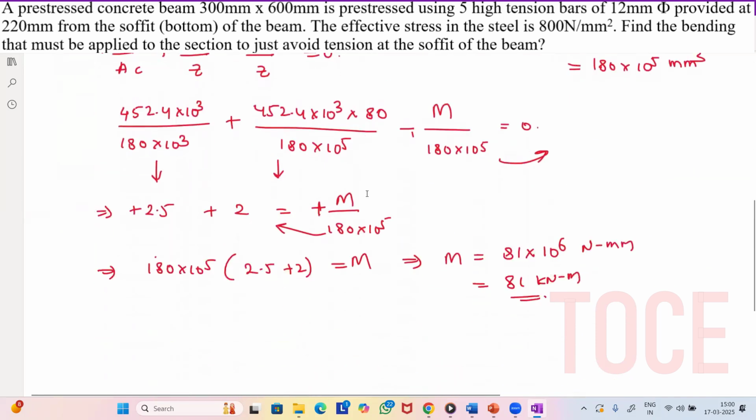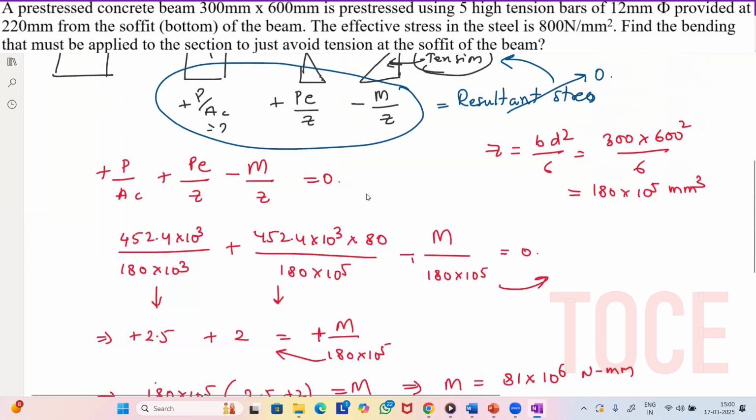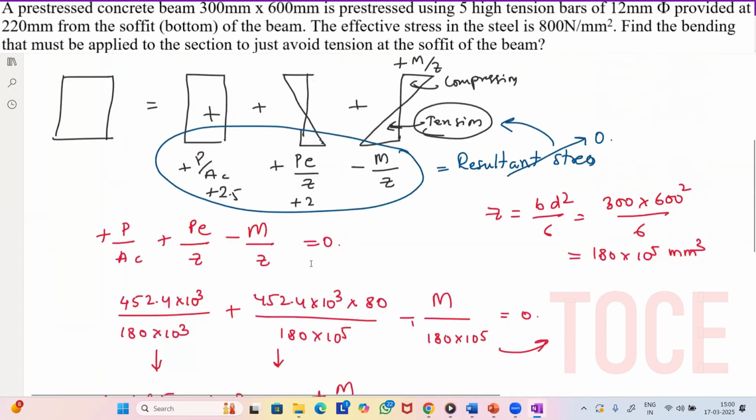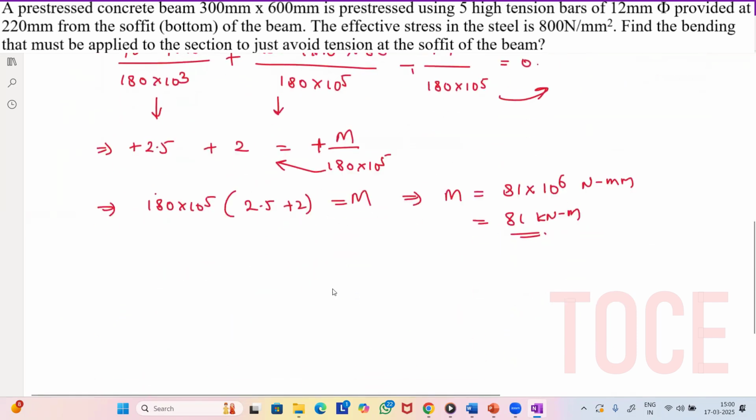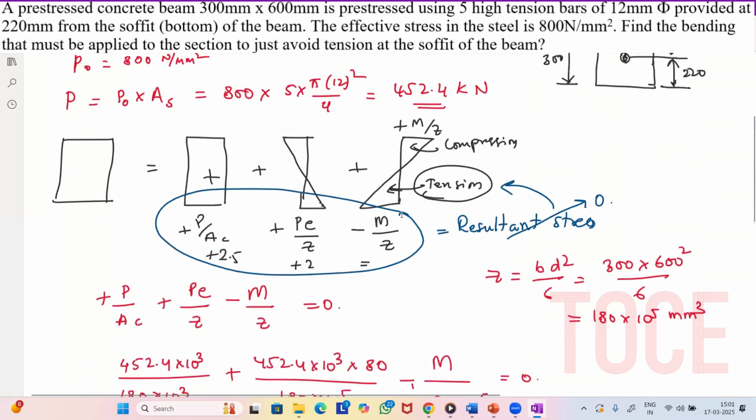We know the direct stress, how much direct stress we got. It is plus 2.5, and due to eccentricity we got plus 2. Now the stress due to moment is M divided by Z, and it is negative because it is below the neutral axis.